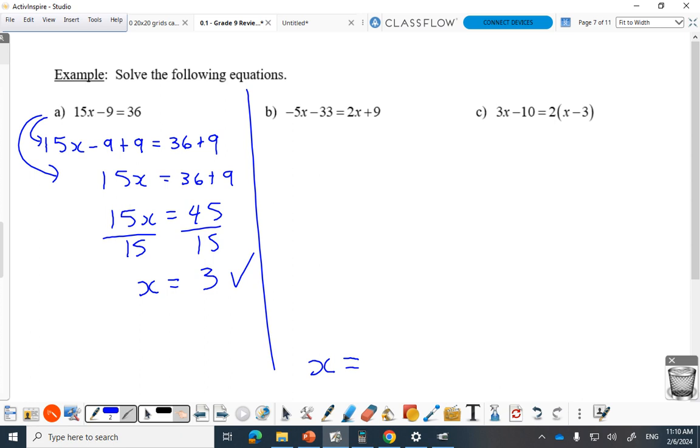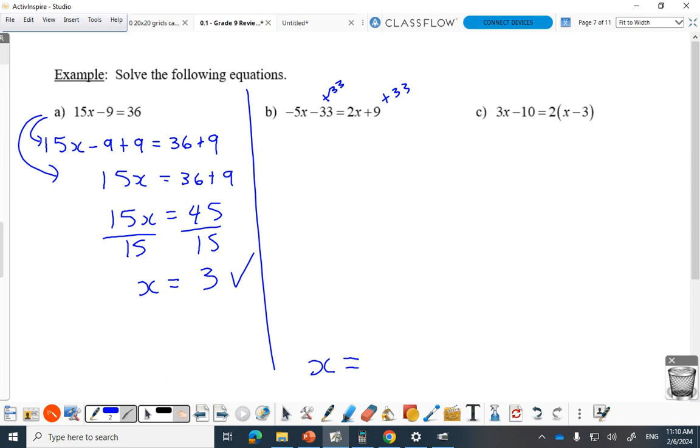How do us mathematicians get rid of negative 33? Add 33. So I'm going to show you another way to handle this. I really love this move. It really shows what we're doing. We're adding 33 to both sides. See, we're not changing the equation. You can think of a balance.